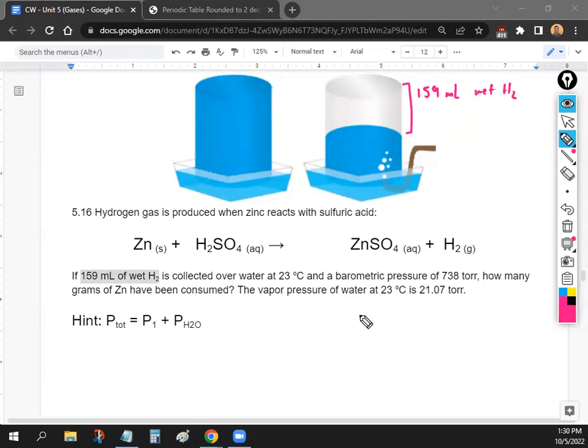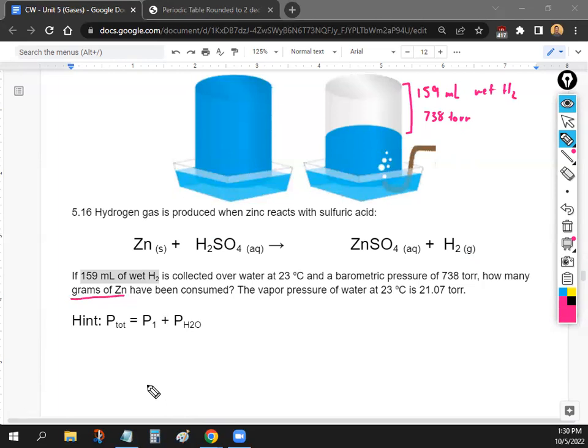What's the difference between regular H2 and wet H2? Okay, and a barometric pressure of 738 torr. So that means that the pressure in there is 738 torr. Inside of this little space where the H2 was collected, it's 738 torr. And it's asking us how many grams of zinc have been consumed.